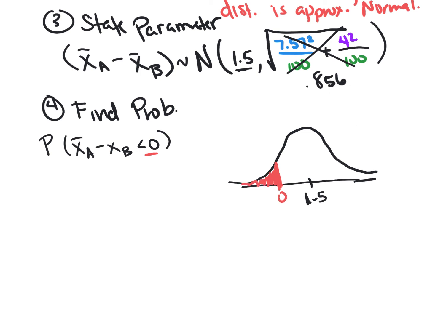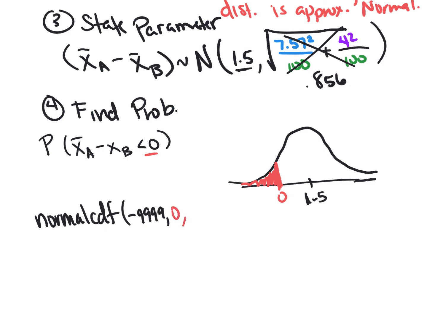And because this is a normal curve, we can do normal CDF. We have our lower bound. In this case, our shading is going to start out here at negative 999. It's going to stop at this value of 0.